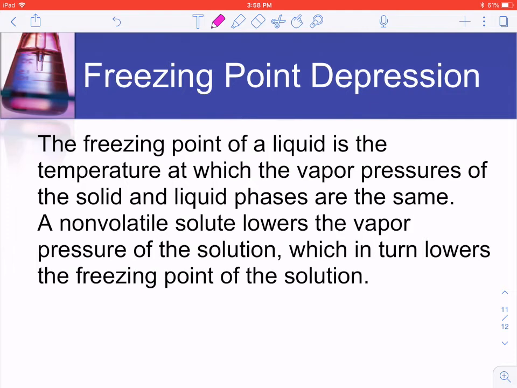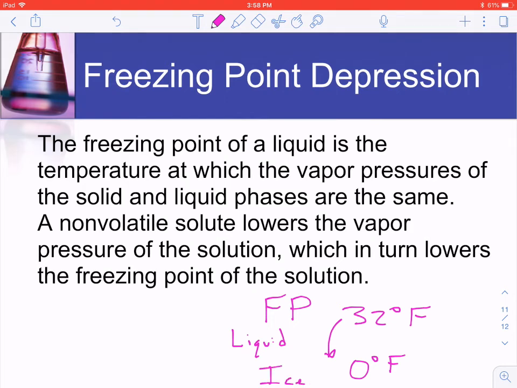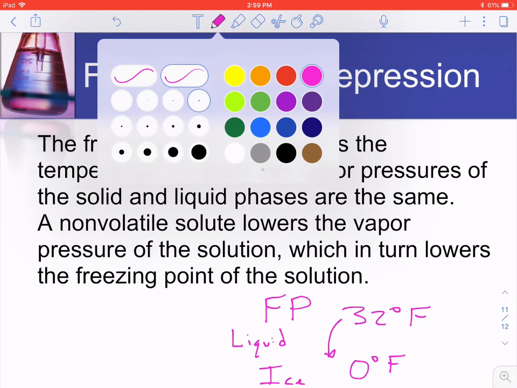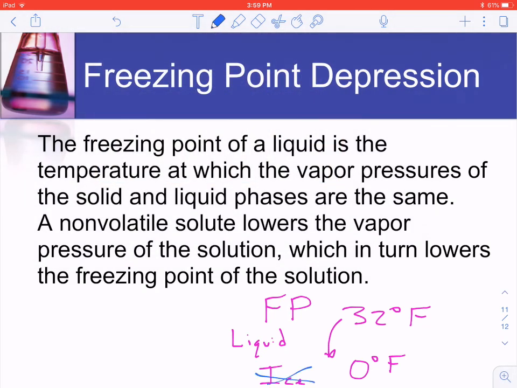Because if we put salt on roads, the water that's in the ice and the snow mixes with the salt, makes a solution, and if the freezing point of water is normally 32 degrees Fahrenheit, and we make it a solution and it decreases, let's say down to like 0 degrees Fahrenheit, that means the roads will be covered by liquid water or a liquid solution as opposed to ice, and you have a lot better traction on liquid water than you do ice. So we don't want ice, therefore we put salt down on the roads, we make these solutions.